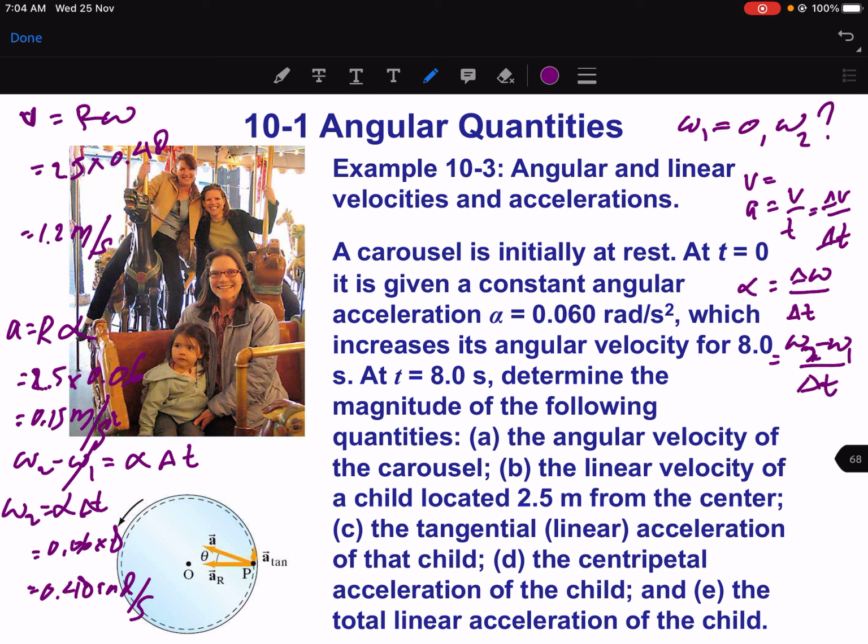D, centripetal acceleration of the child. So besides the linear, because this is a rotational movement, a circle path, the motion is a circle. So besides the linear acceleration and angular acceleration, it also has what they call centripetal acceleration. So the object will keep rotating along the circle path.